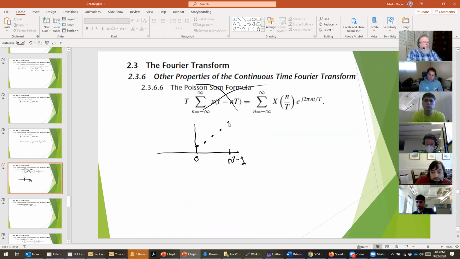And then by periodic, I mean that at n, which is the next place, it starts over again. And it's periodic over here too. So hopefully that clears things up, right? I'm giving you one period of the periodic function.